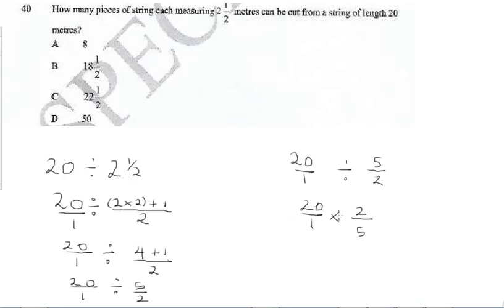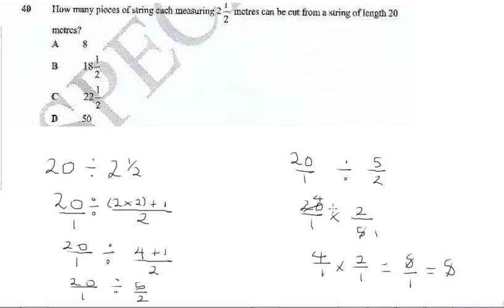Any number can go into 20 and 5 without leaving a remainder: 5. So 5 into 20 is 4, and 5 into 5 is 1. So we have 4 over 1 times 2 over 1. 4 times 2 is 8, and 1 times 1 is 1. And 8 over 1 is simply the same as 8.